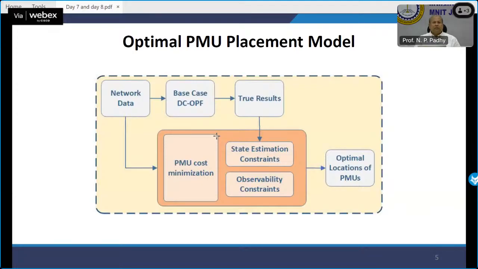We get the network data, then we run the base case DCOPF, the optimization, and then we go for the true results. Then we get into PMU cost minimization, state estimation constraints, observability constraints, compare with the true results, and finally you can get a solution for optimal placement of PMUs.